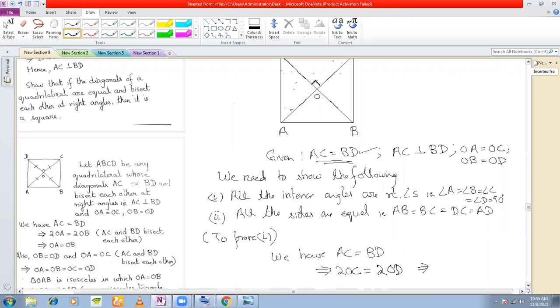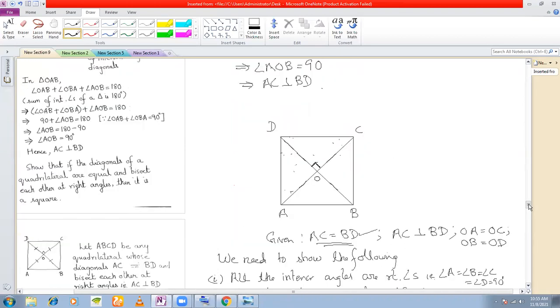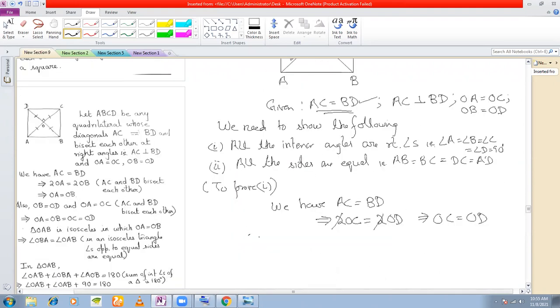That means what are we getting? We are getting OC is equal to OD. That means this side is equal to this side, right? Similarly, we can show that OA is equal to OB. So therefore, what can we say?